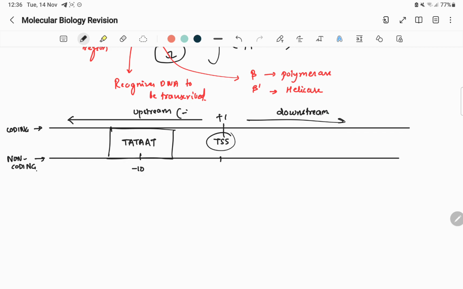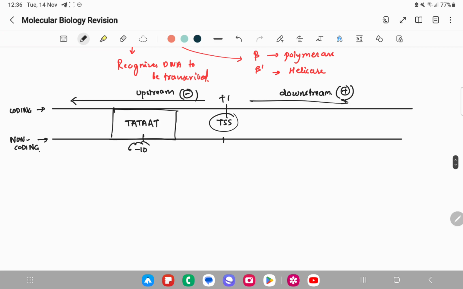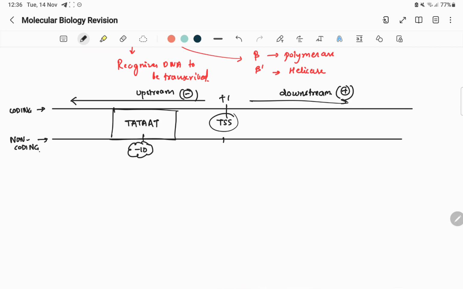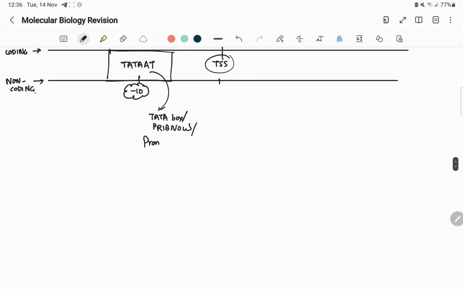Understood? Upstream is negative and downstream we take as positive, arbitrarily. So in the -10 region we have the TATAAT box, called the TATA box or Pribnow box, or promoter element.